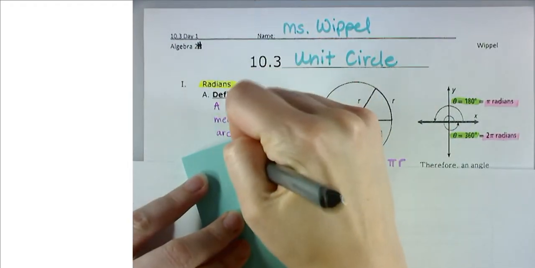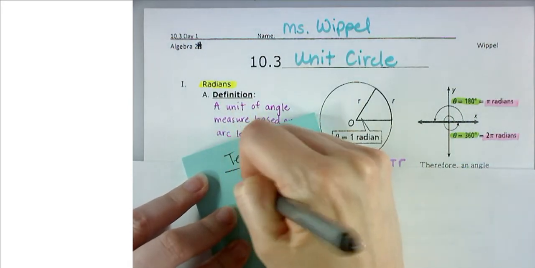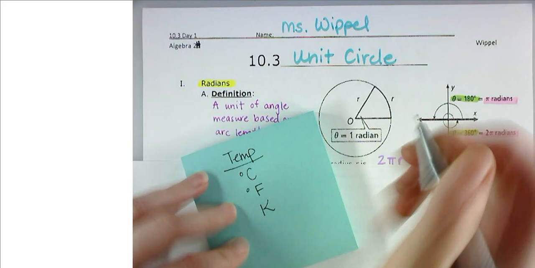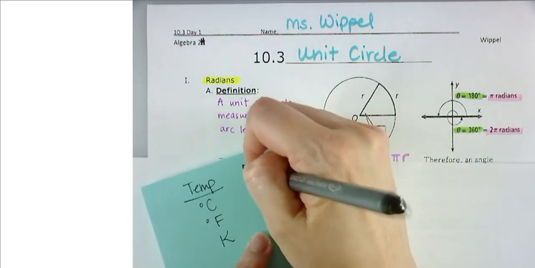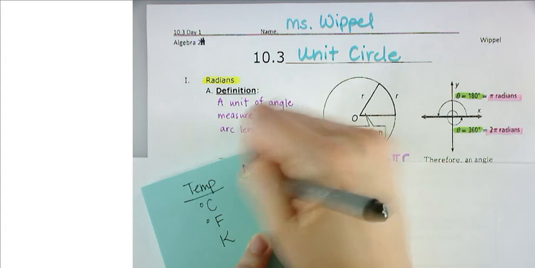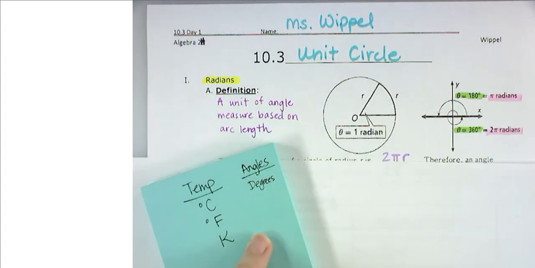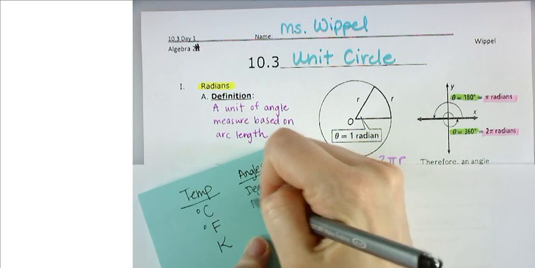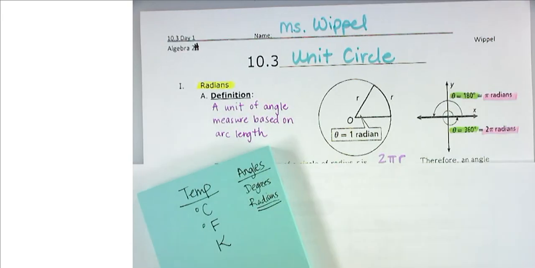You can measure it in degrees Celsius, in degrees Fahrenheit, or in kelvins. For angle measures, we are used to measuring in degrees, but the other way that you can measure it is in radians. So that's what we're going to talk about today.